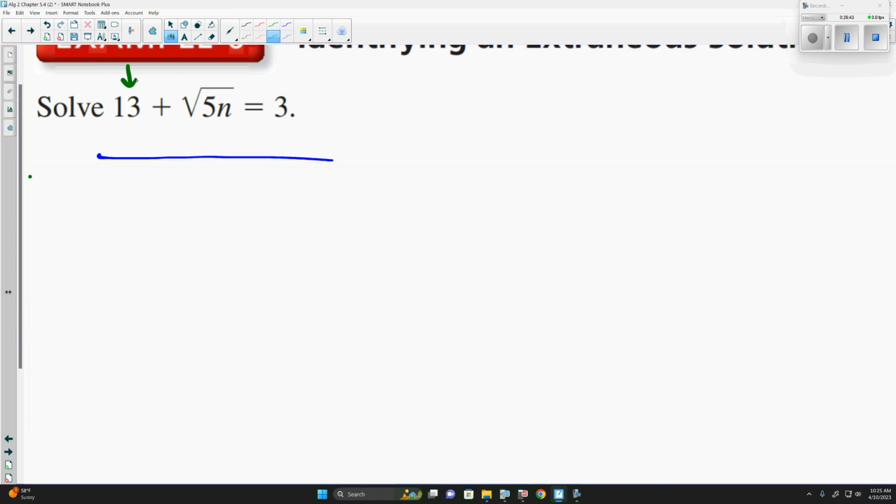The 13, yes? So we would subtract 13 from both sides, because 13 minus 13 is 0, which will leave us with the square root of 5n is equal to 3 minus 13, which is negative 10.